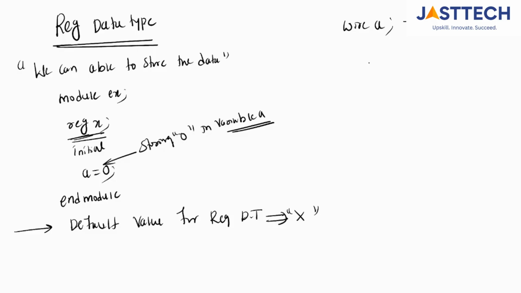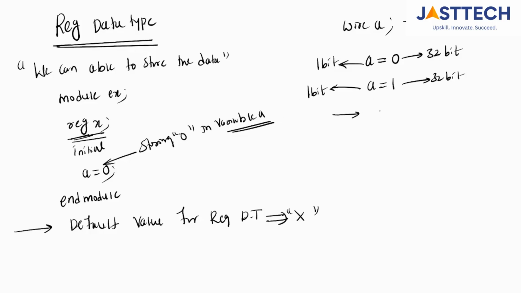Suppose you consider a equal to 0 or a equal to 1. This is nothing but 1 bit only. Normally the right-hand side is 32 bits, as we discussed in the last class.